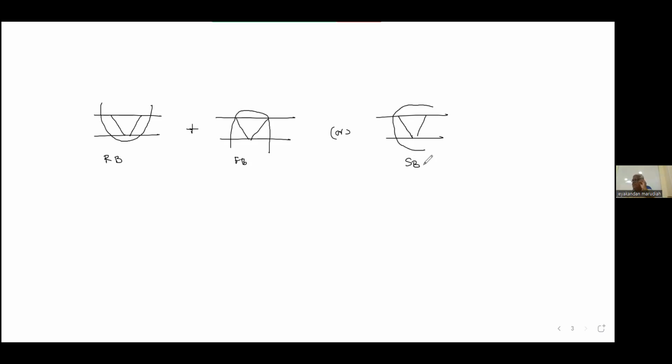Side bend will never mix with the root and face bends. Purposely, they will give in the exam two root bends plus two side bends. It is not allowed. Always remember: one root means always plus one face, or two side bends. Two root means two root plus two face always, or four side bends. Either root plus face, or side bends.